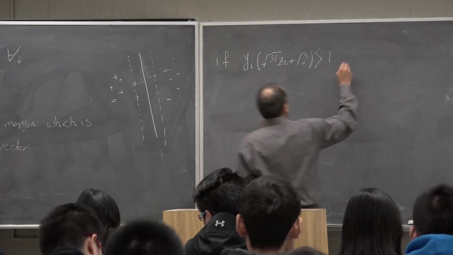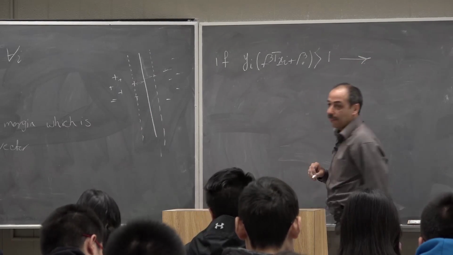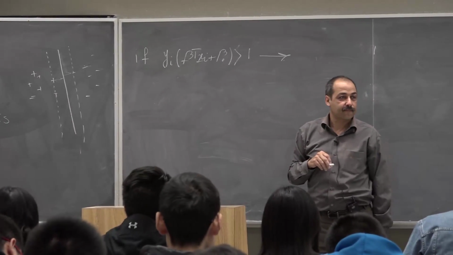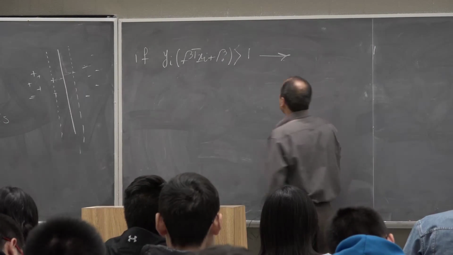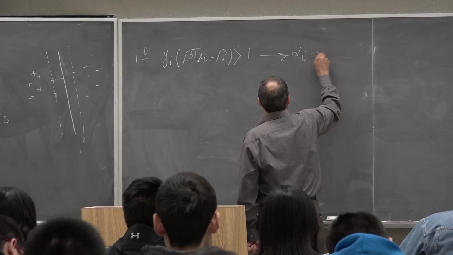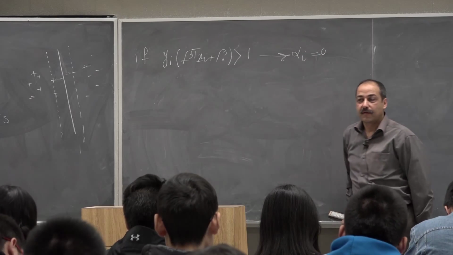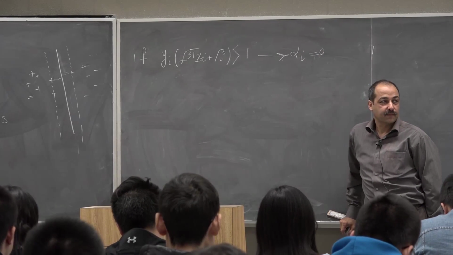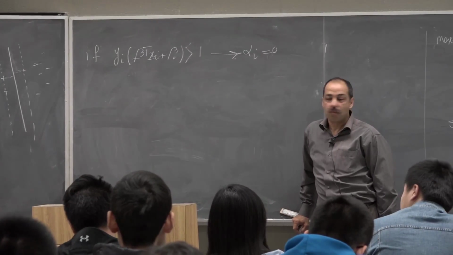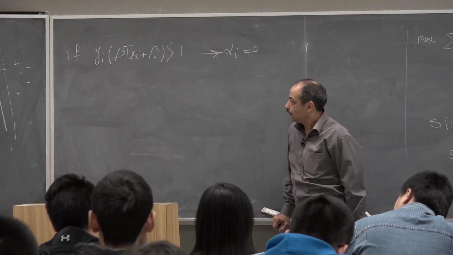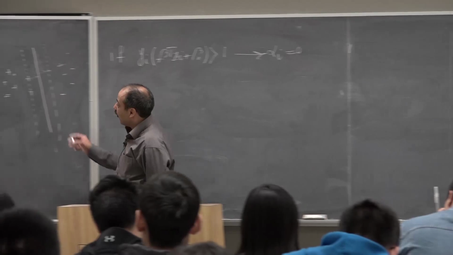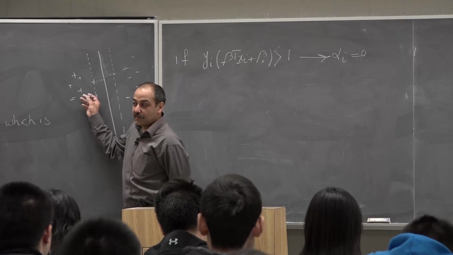So what can I conclude here? Alpha is 0. Okay. So for any point that's not on the margin, alpha is 0.